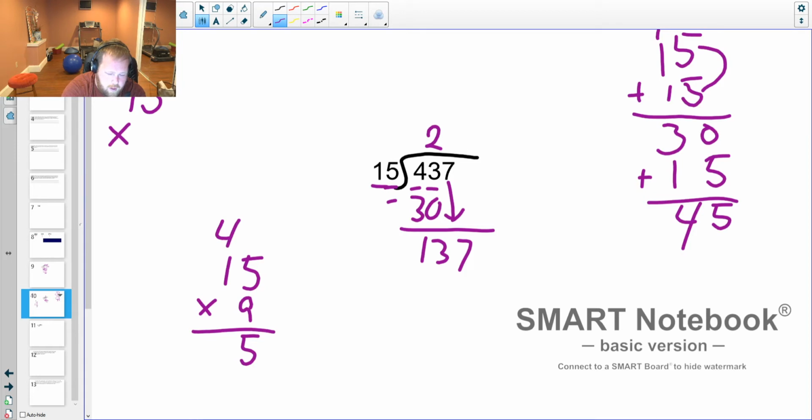Put my 4 here. 9 times 1 is 9. Plus 4 is 13. 135. It looks like it's barely going to fit. That was a good guess, whoever said 9. That was me. Okay. So we're going to use 9. Very good. And 9 times 15 equals 135.